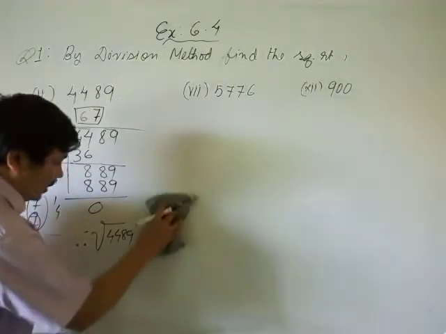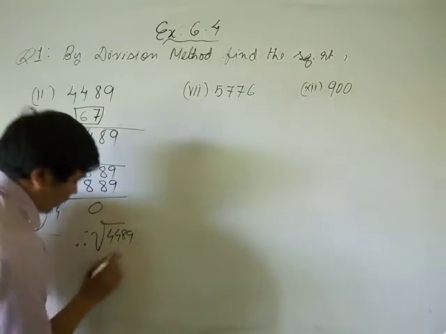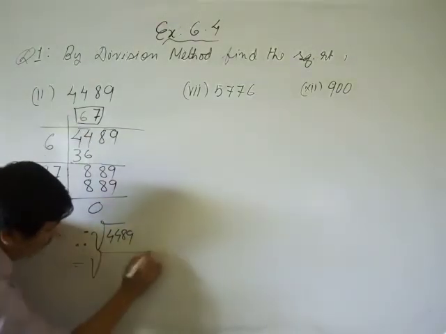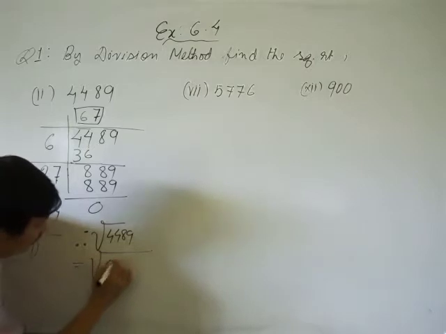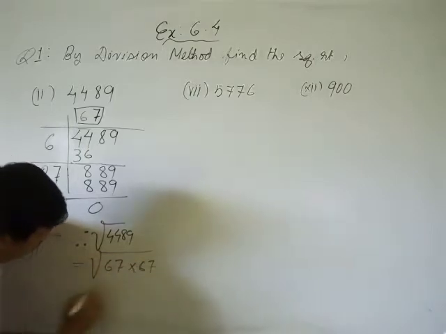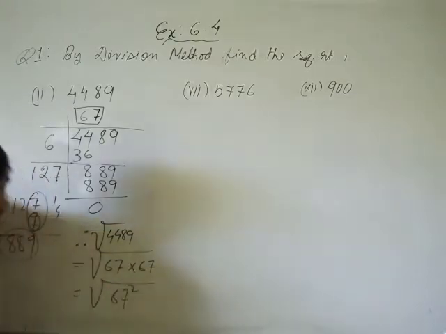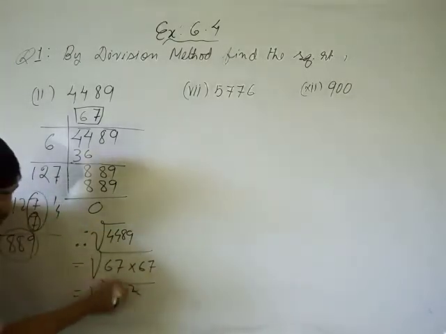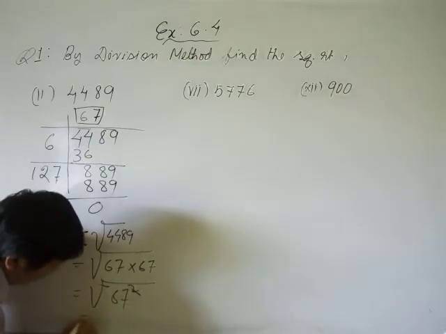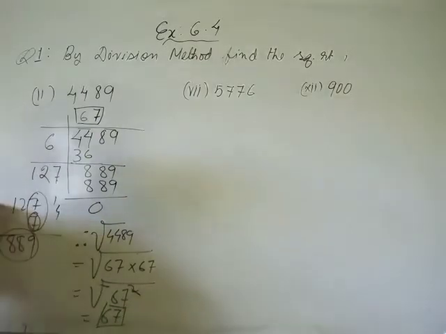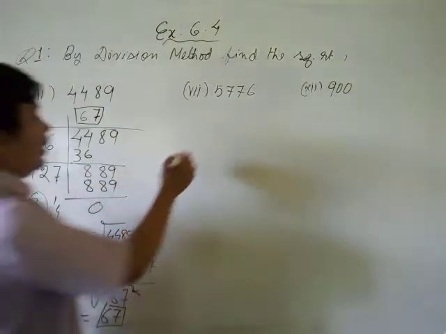Now, equal to root over 67 into 67. That means 67 squared. These two we can cancel, and we are left with only 67. 67 is the answer.